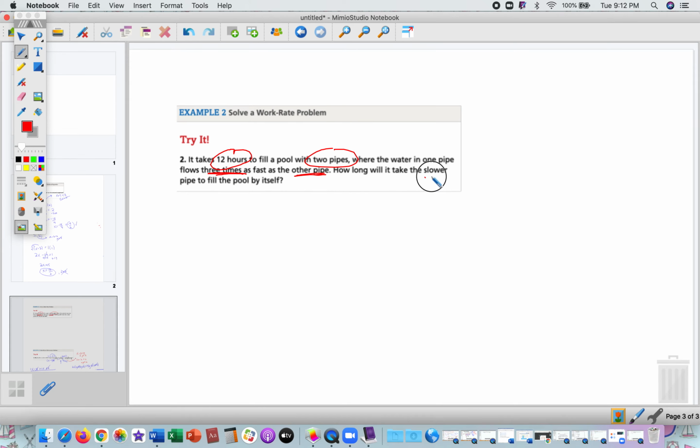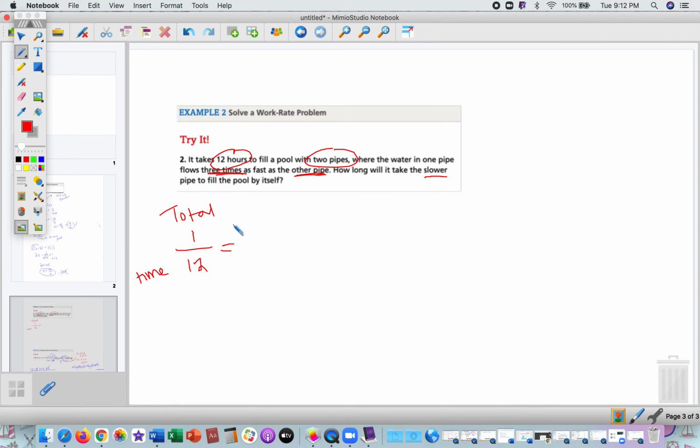How long is it going to take the slower pipe to fill by itself? So we know the total, right, is 1 over 12. We write 1 over 12 because the bottom, the denominator, represents the time, right, 12 hours, and the top represents filling a pool, right? It's a rate. So to fill one pool, it takes 12 hours.